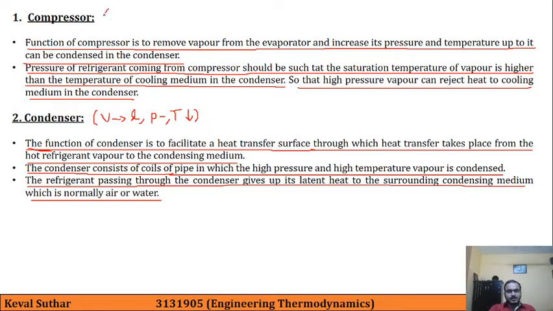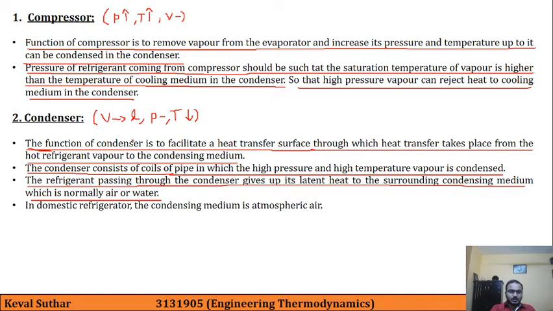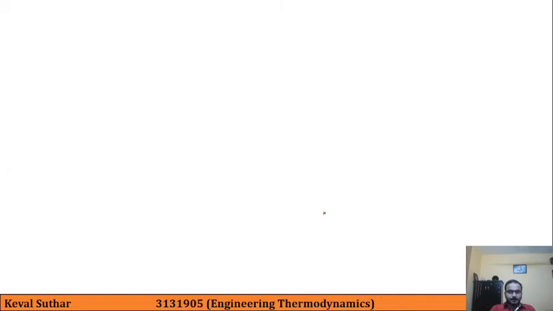Here in the compressor, pressure is increased, temperature is increased, and it remains vapor. In a domestic refrigerator, the condensing medium is atmospheric air.